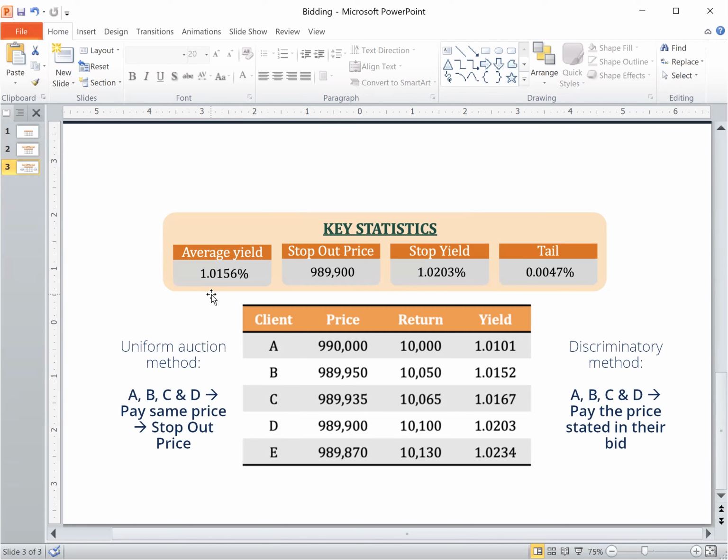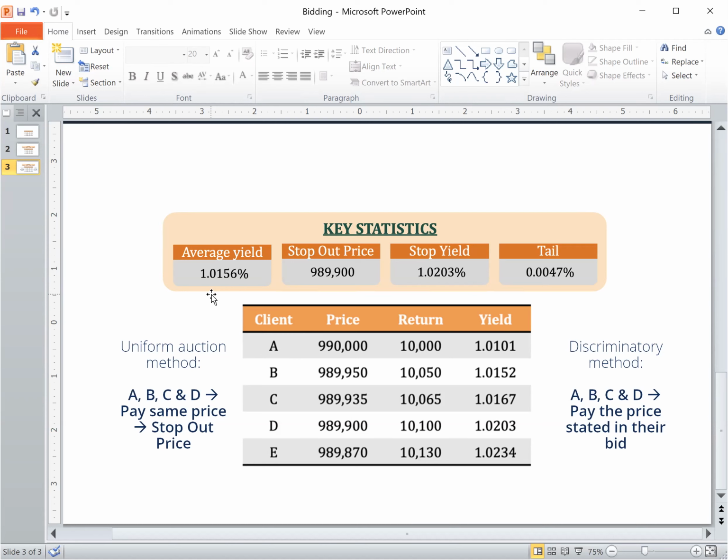See, there can be a uniform pricing method or a discriminatory pricing method. In uniform pricing, everybody would pay the same price. So all A, B, C, and D are going to pay the same price, which is our stop price. Simple, right?